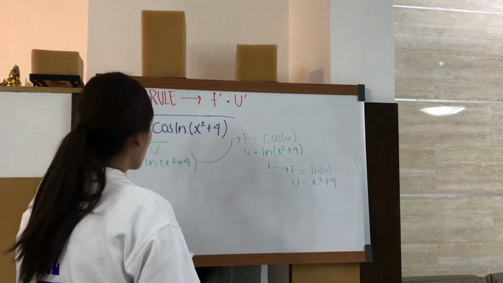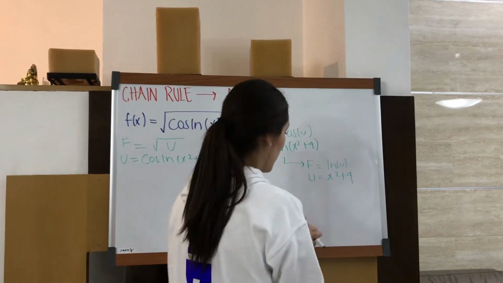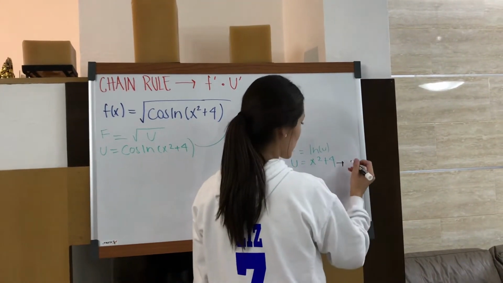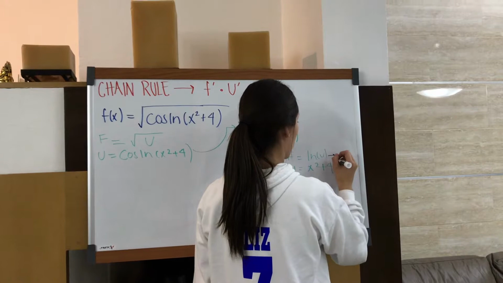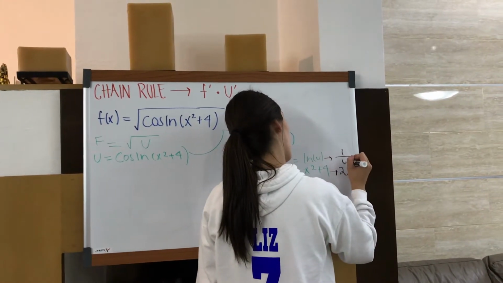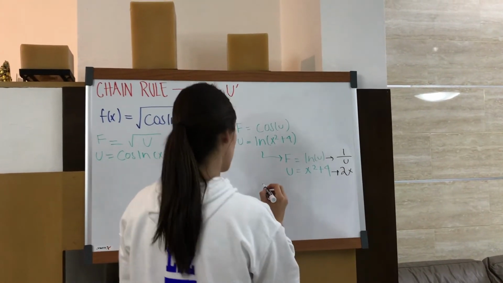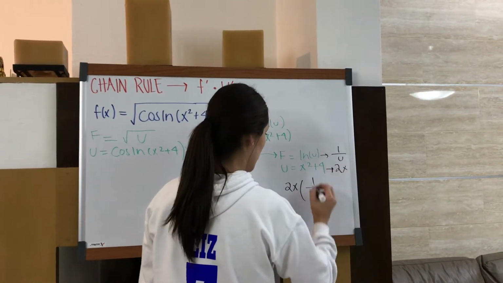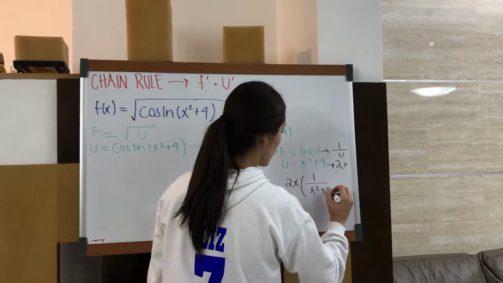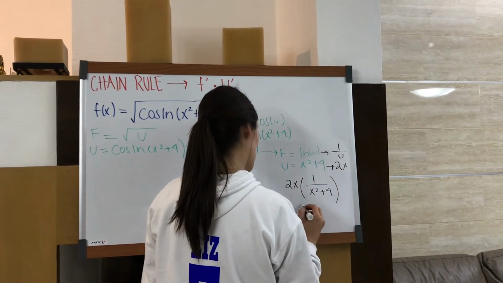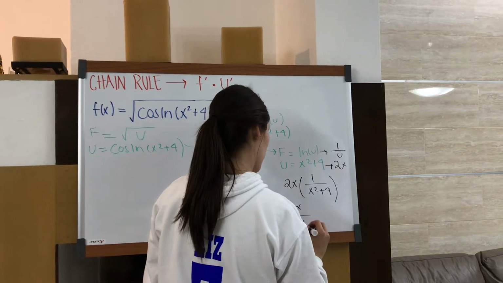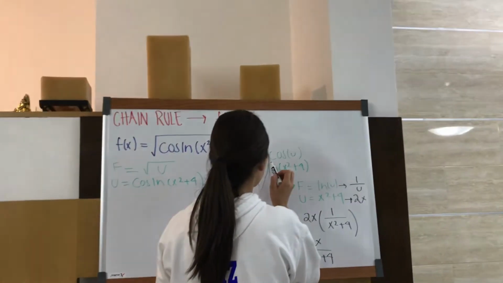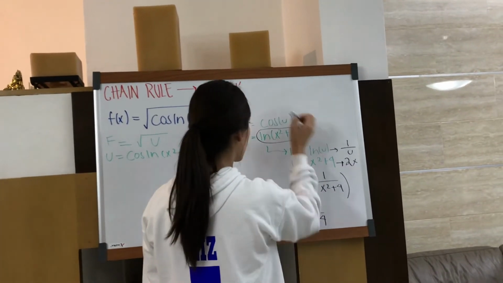Now you get the derivative of u, that in this case will be 2x, and of ln is 1 over u. You have to multiply 2x times 1 over the original u. You will get 2x over x squared plus 4. Now this is going to be the derivative of your u in this chain rule.